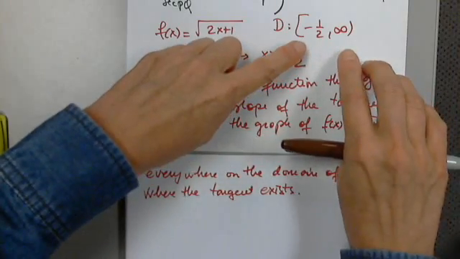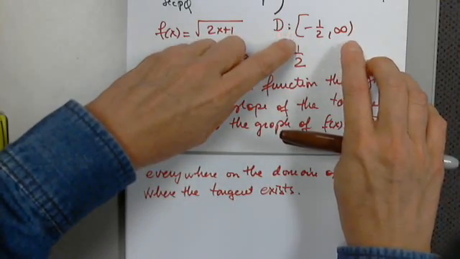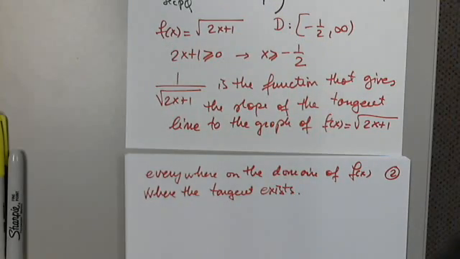Correct. That's very clear because this is the domain of the function. However, there is one value at which the function exists, but the slope of the tangent does not. Would that be -1/2? Of course. x cannot equal -1/2.